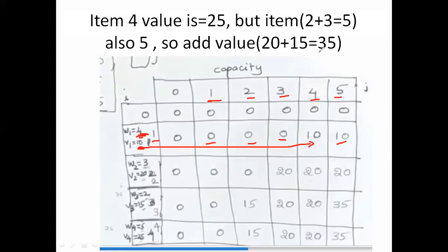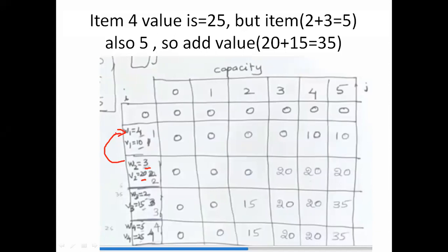Okay, next row, listen carefully. Weight is 3, value is 20. At that time you have to consider the previous problem also. When you are solving a problem, you consider the previous problem also. That is the dynamic programming concept.